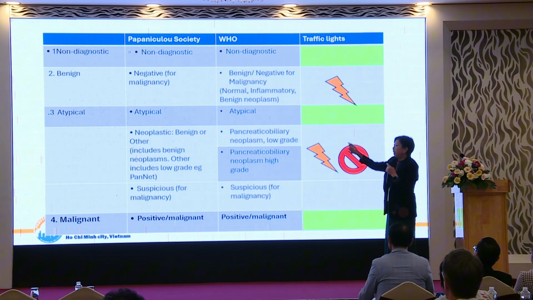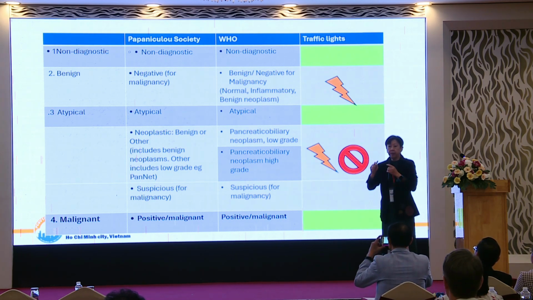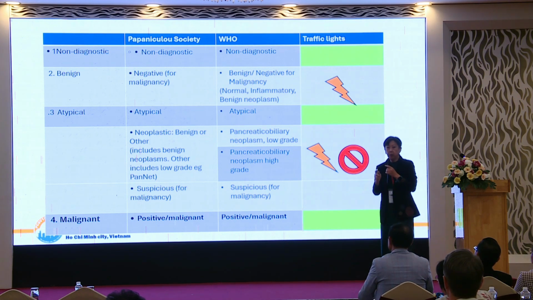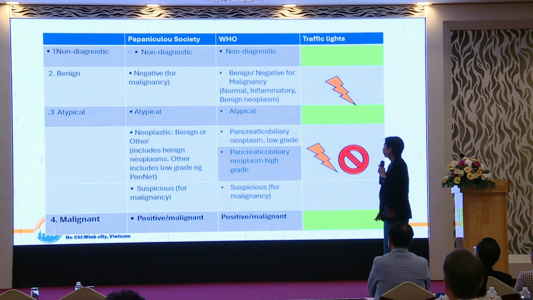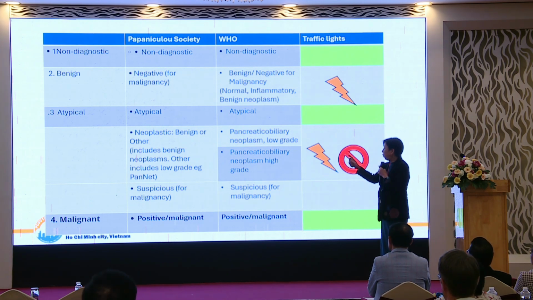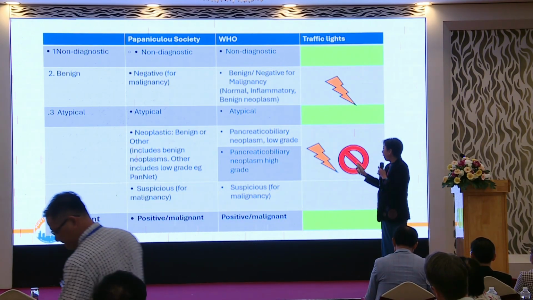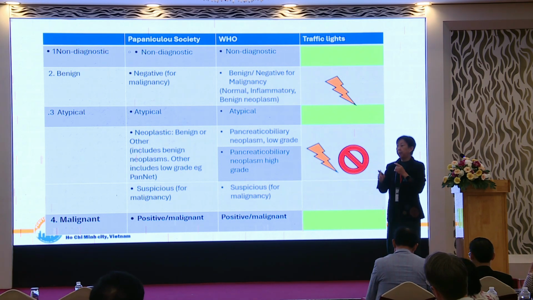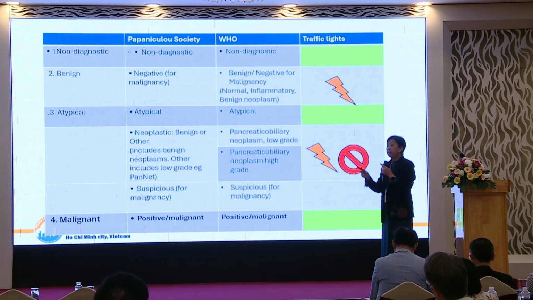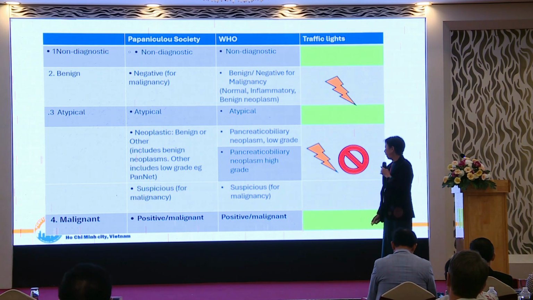If you think that fine needle aspirate from the pancreas or brushing from the biliary tree is benign, when on imaging there is a mass. And also if you're using the old system of neoplastic, benign or other, in the new system there is a low grade and high grade, where the high grade has a higher risk of malignancy and the low grade has a lower risk of malignancy. And the suspicious and positive will remain the same.